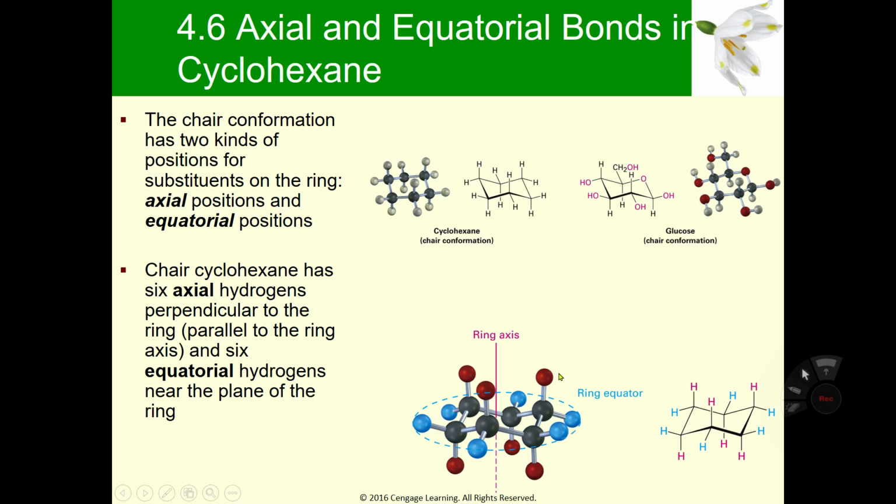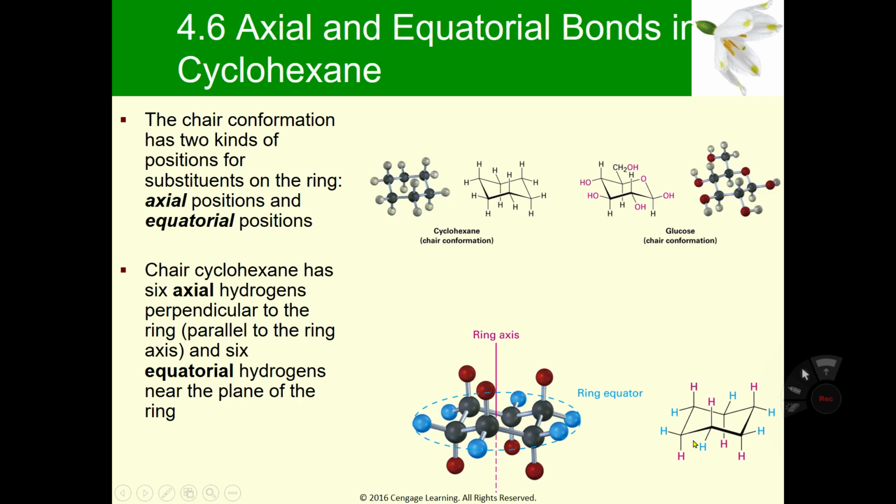One class of hydrogens is parallel to the ring axis, and the other class, which is the blue, is included in the equator plane. Actually, we have 6 hydrogens included in the ring equator, and they are represented like this.